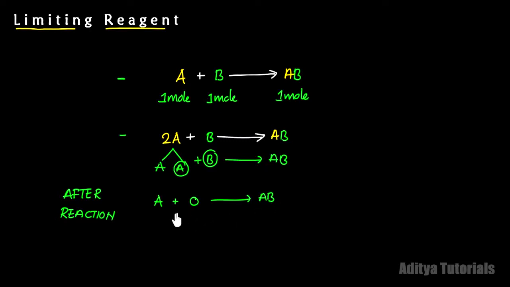In this case, the A is present on the reactant side even after the reaction is complete. This A is called the excess reagent. And the reactant which is completely consumed on completing the reaction is known as the limiting reagent.